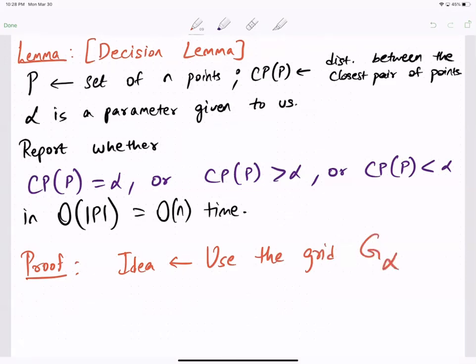I use the term alpha here because we want to build the grid with this parameter alpha that is given to us in this lemma. It's the same alpha. We'll use the grid and the previous lemma, which had the packing argument. We'll combine both of them to solve this decision lemma. So let's get started.